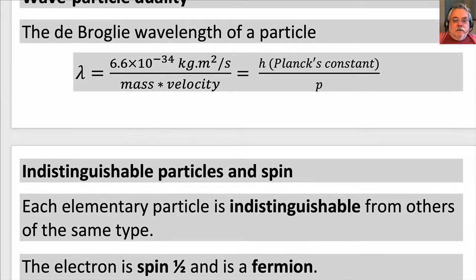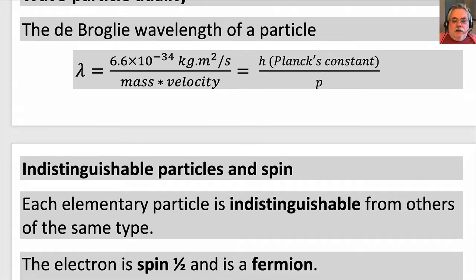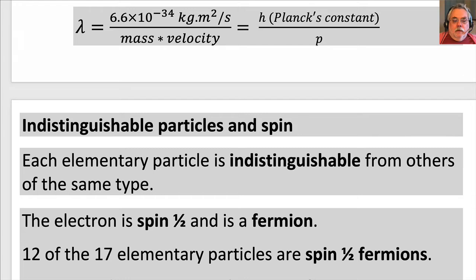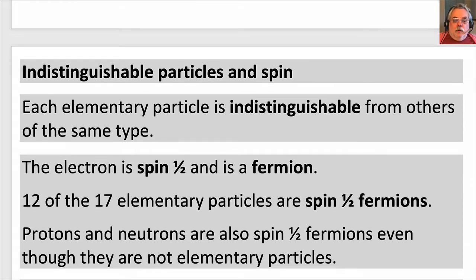We say that the electron is spin 1/2 and is a fermion. 12 of the 17 elementary particles are spin 1/2 fermions. Protons and neutrons are also spin 1/2 fermions, even though they are not elementary particles. Total angular momentum is conserved in all interactions and is an important quantity. However, for this course, we only needed angular momentum to get to fermions and bosons.